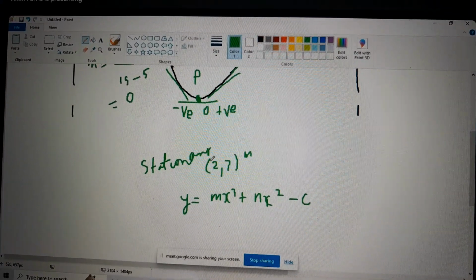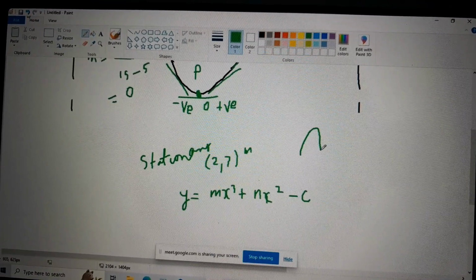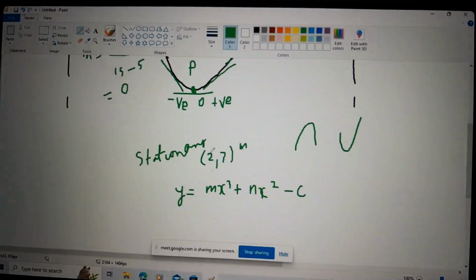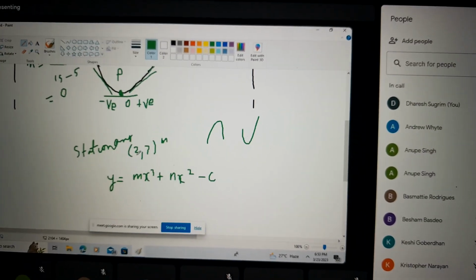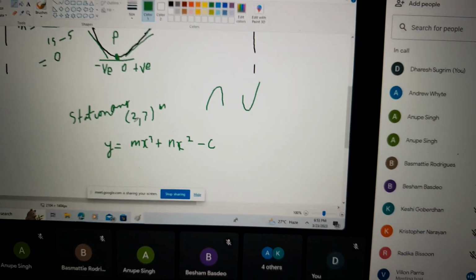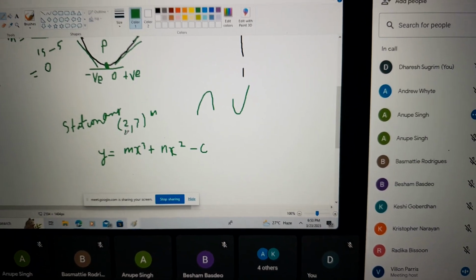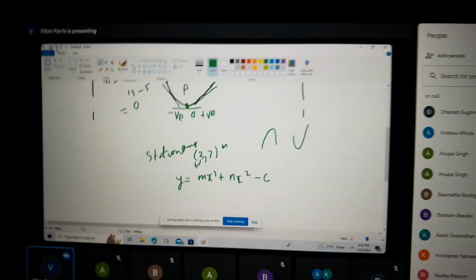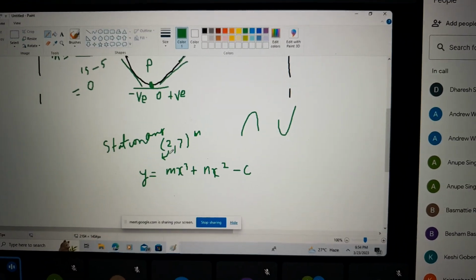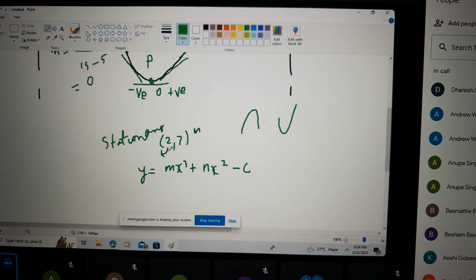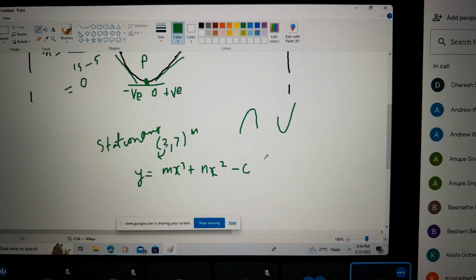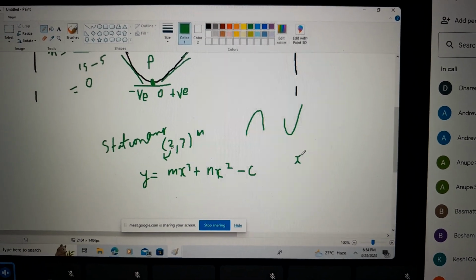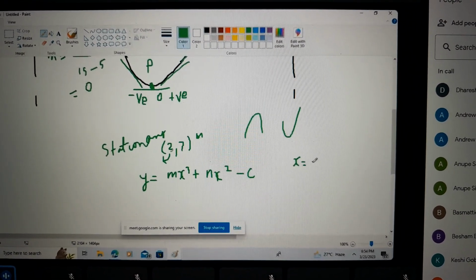If you want to know if this stationary point is maximum or minimum, what you can do is take a value just before the x value. So give me a number that's just before 2. 1.9, sir. Yeah. So for example, we could see the behavior of the gradient of the function at x equals 1.9.